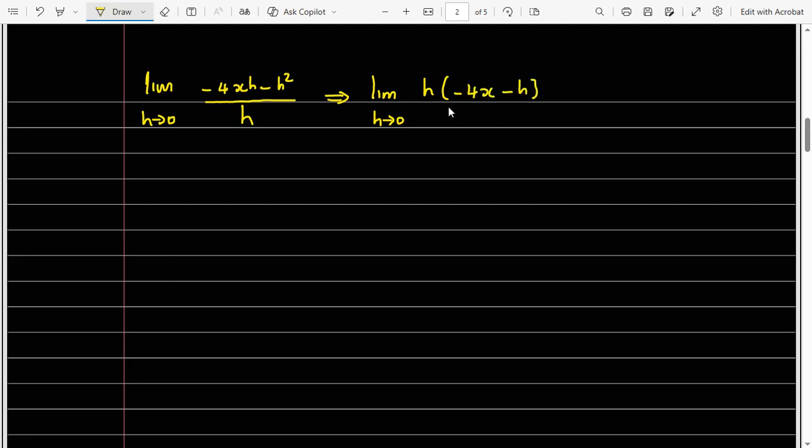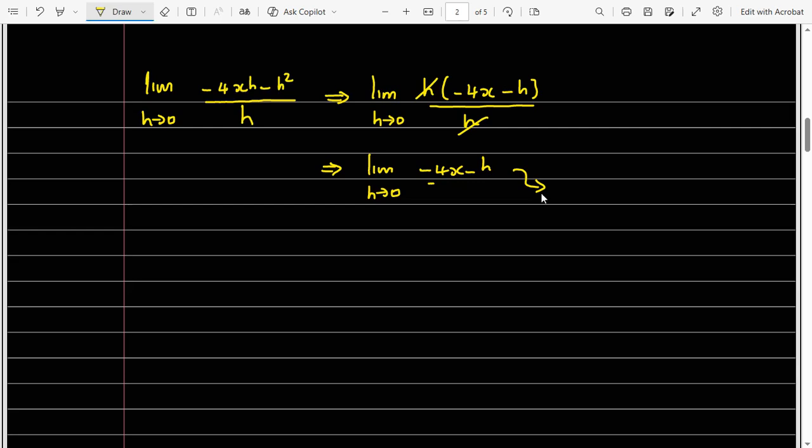I think you guys realize that when I teach, I don't like to go into too much detail because some of the things are just straightforward. So the h cancels. This leaves me with the limit as h approaches 0 of minus 4x minus h. Now that this is simplified, that's when you can do the substitution.